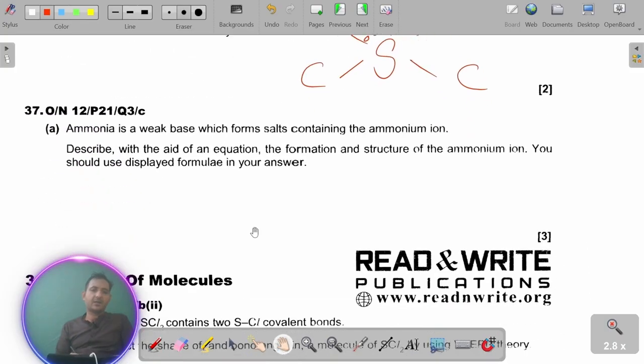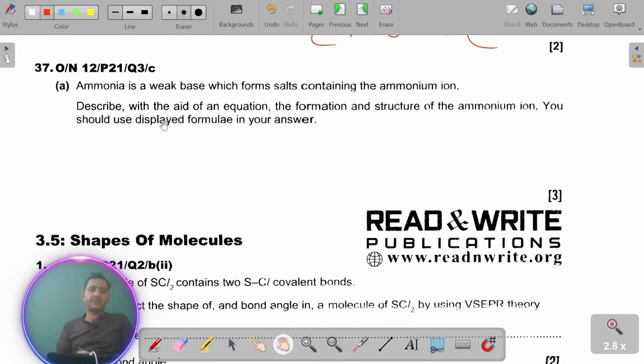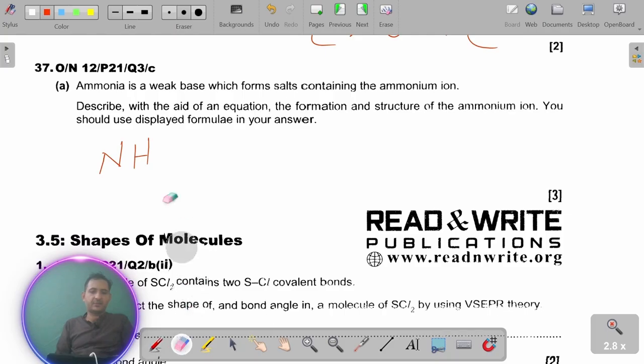Ammonia is a weak base. Describe with the aid of an equation the formation of the ammonium ion. So we have this ammonia, NH3.